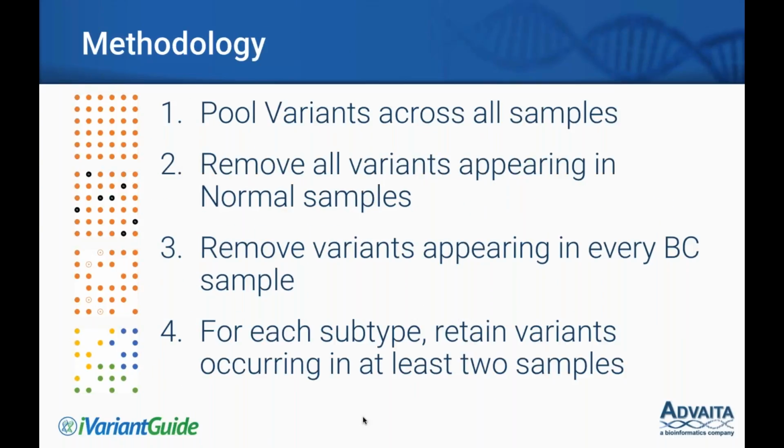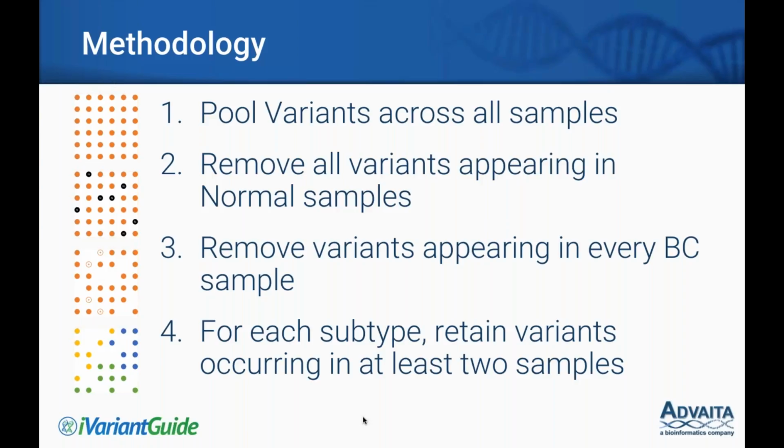So let's talk about what I did in order to get to consensus variants. Using those 20 samples across all 3 subtypes plus the normal, I pooled all of the variants together, and then I removed any variant appearing in a normal sample. So I didn't want to have any overlap between variants appearing in normal samples and variants that I'm calling breast cancer.